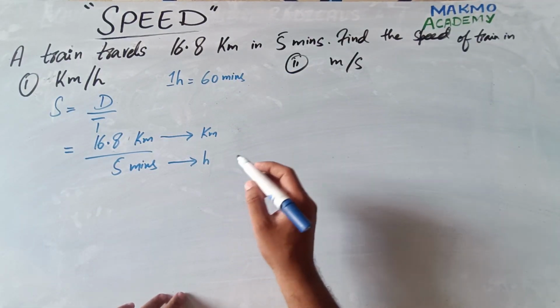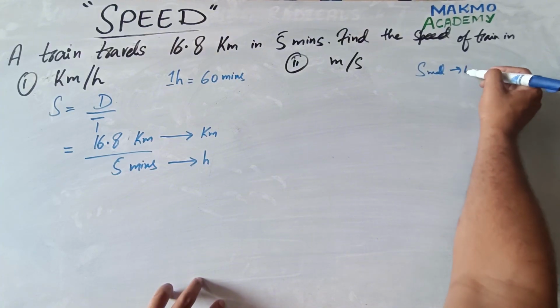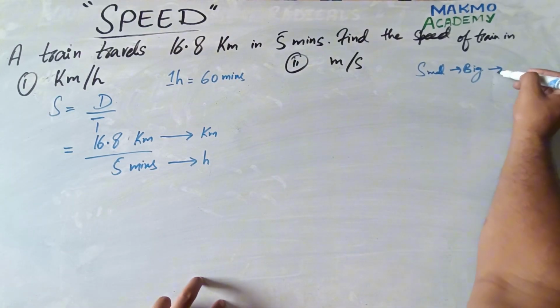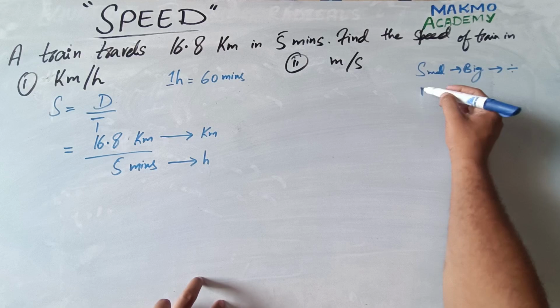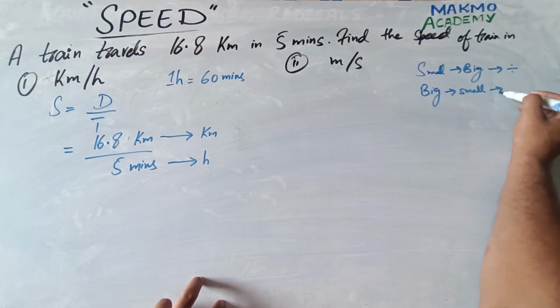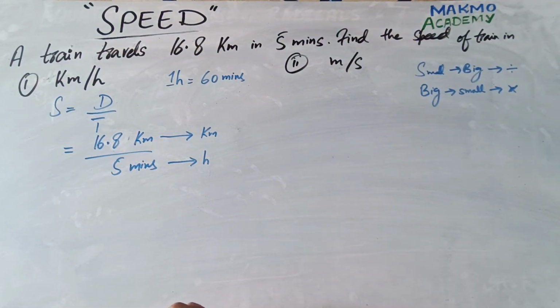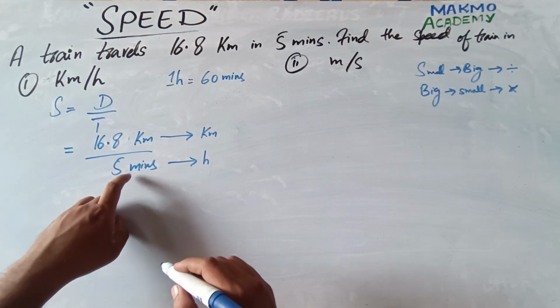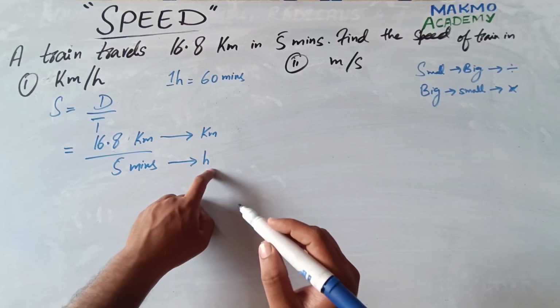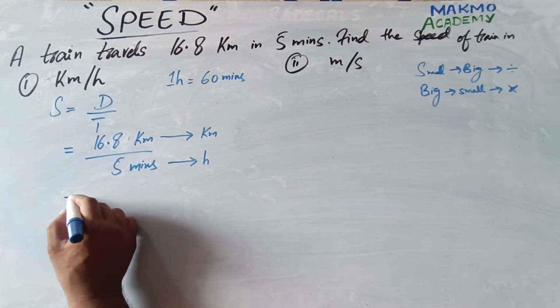Whenever we go from small to big, we will divide, and from big to small we will always multiply. So remember this note. We are given minutes and have to go to hours, so we will divide by the conversion, which is 60.